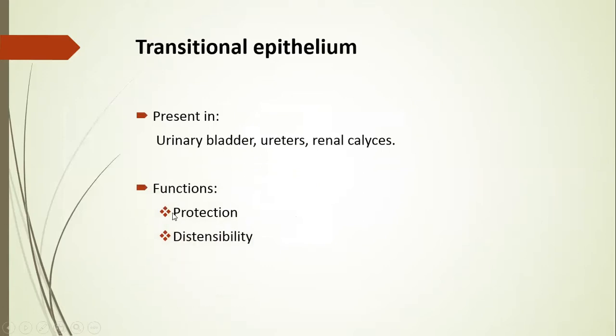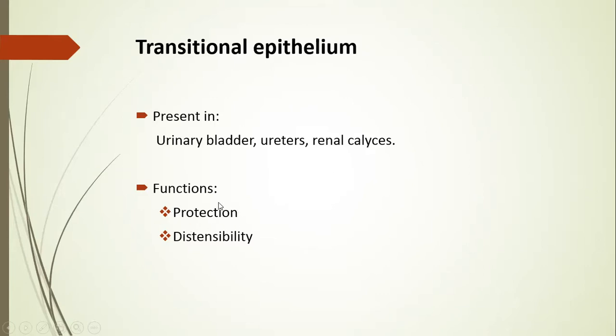The function of the transitional epithelium is protection. As we see, the umbrella cells protect the underlying tissue from the hypertonic urine and the cytotoxic effects of urine.